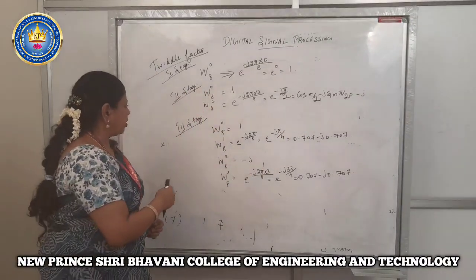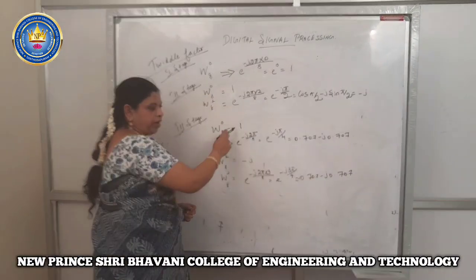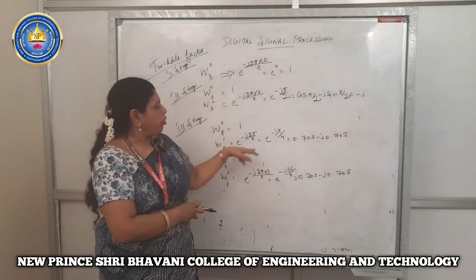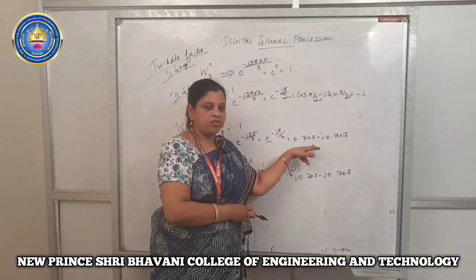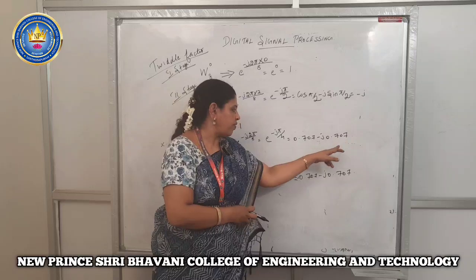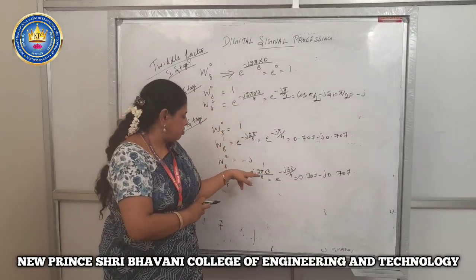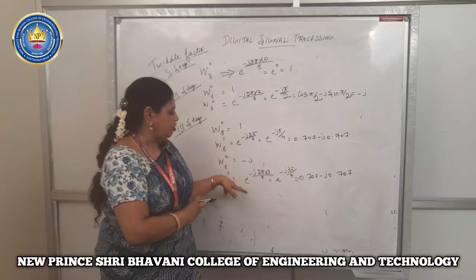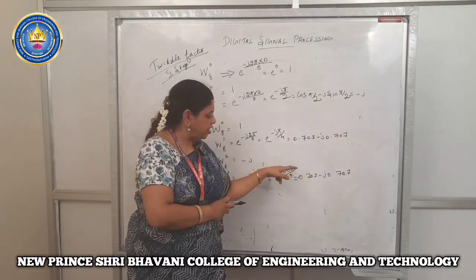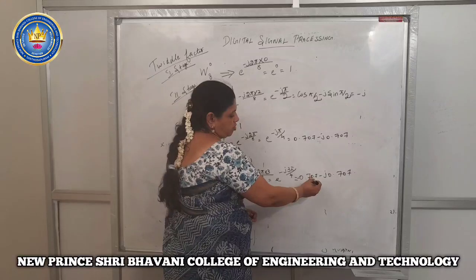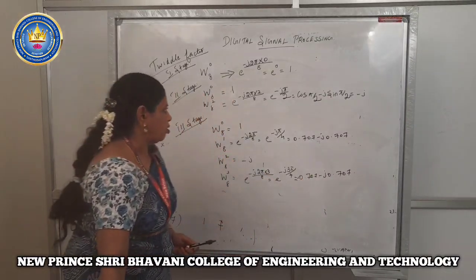And similarly for the third stage, the values are W80, which is equal to 1, and W81, if you compute, it will be 0.707 minus j 0.707. W82 we have already computed as minus j, and W83 is e power minus j 3 pi by 4, which is nothing but 0.707 minus j 0.707.